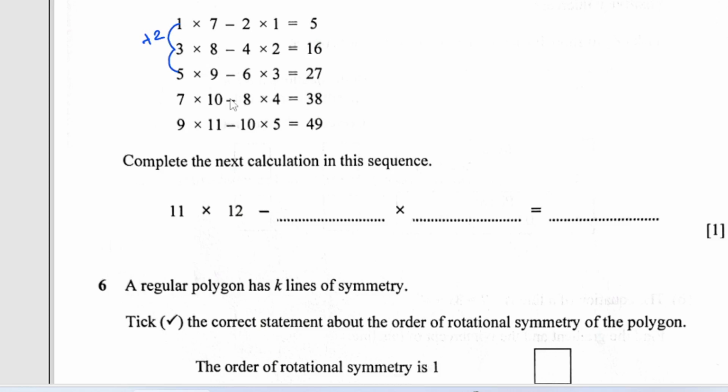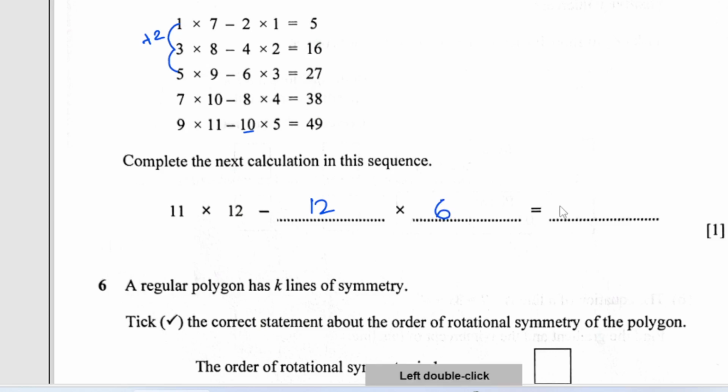Then this one, 7, 8, 9, 10, just adding 1, so 12. And this one is 2, 4, 6, 8, 10, and then after 10 it will be the difference of 2, which is going to be 12. And this one, just continuing 1, 2, 3, 4, 5, this is going to be 6 here.